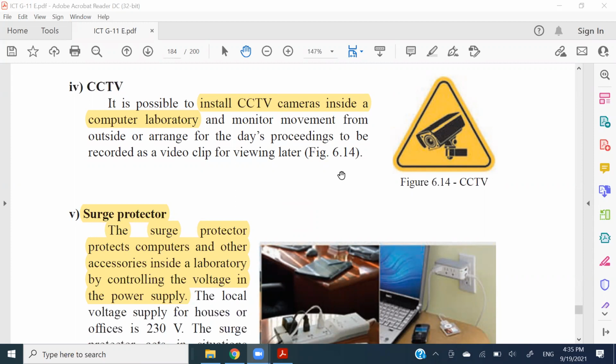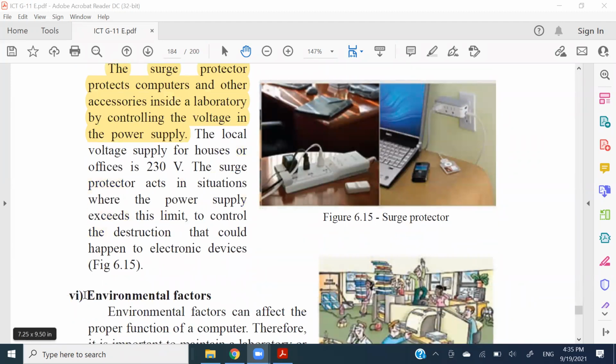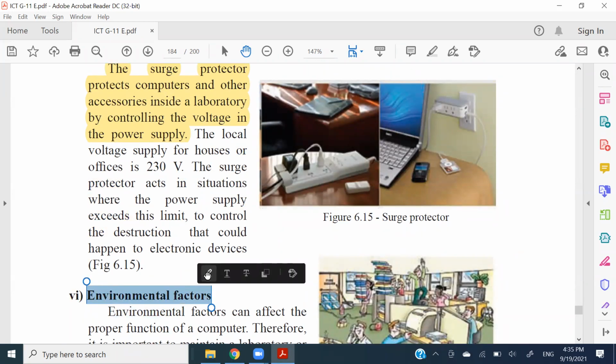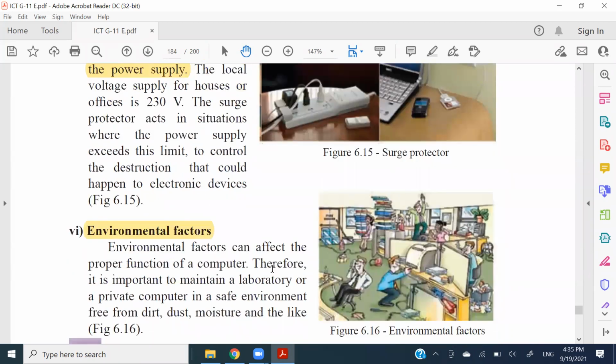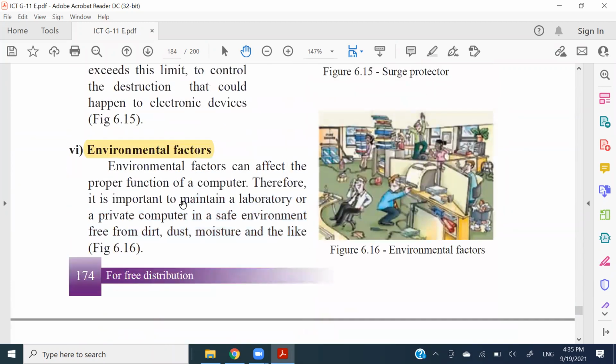Okay, the very last things. So regarding the environmental factors, yeah, start from here and end here.